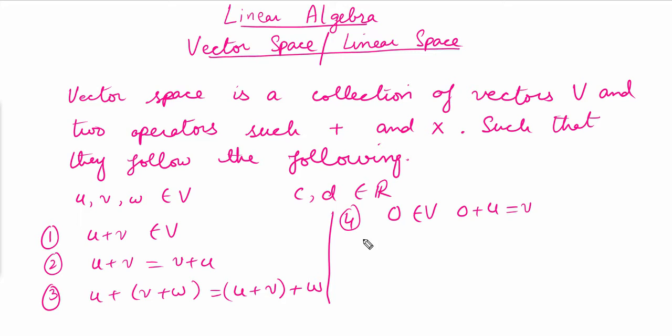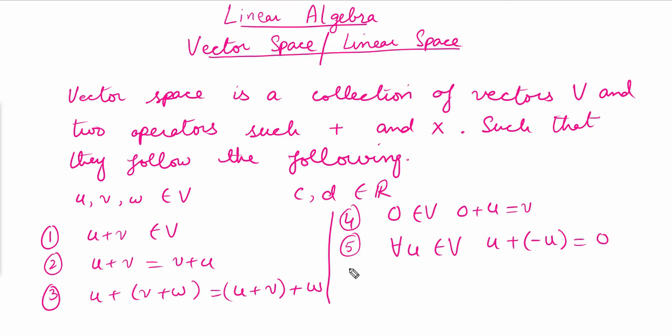The fifth one is, for all vectors belonging to the vector space, if you add a vector to its inverse, you should get the null vector. So this is the additive inverse property.